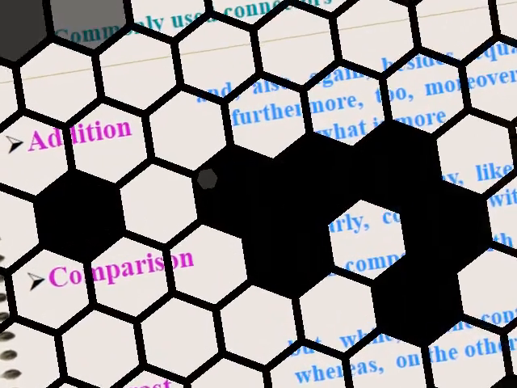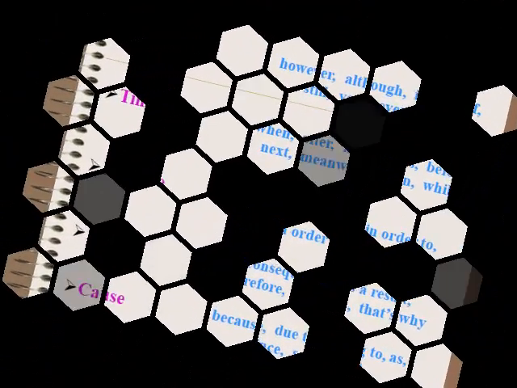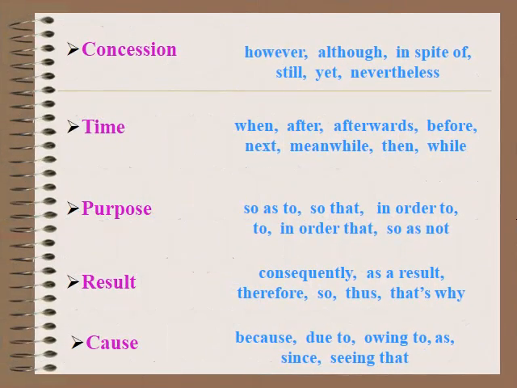To continue, connectors of concession: however, although, in spite of, still, yet, nevertheless. The connectors of time: when, after, afterward, before, next, meanwhile, then, while.